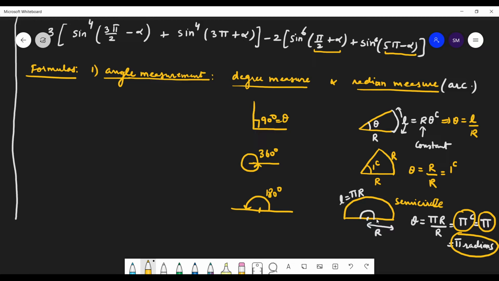So students, whenever we have 90 degrees over here, we have to change the function to its complementary. The complementary of sine is cosine. The complementary of tan is cot, and the complementary of secant is cosecant.